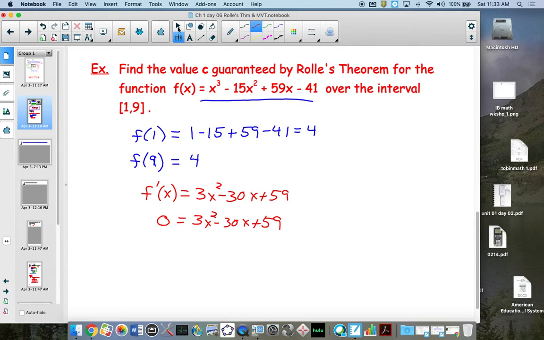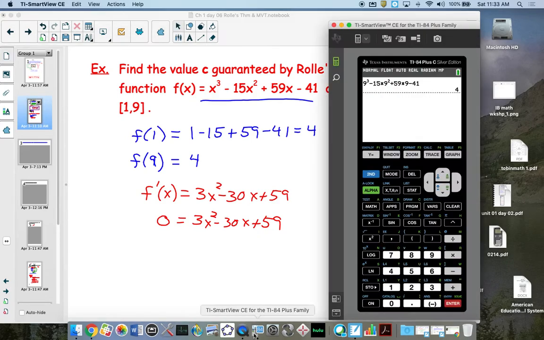And to save some time, so my video doesn't run forever, let's do this, 3x squared minus 30x plus 59. Enter. And let's go ahead and graph. And you can see that we have 2 zeros here. Second, calculate.